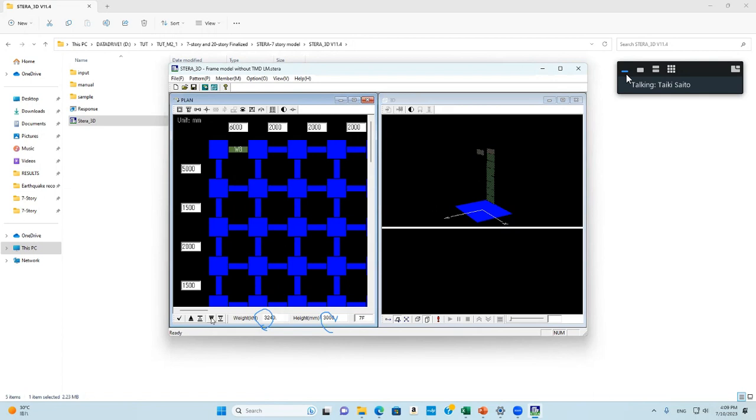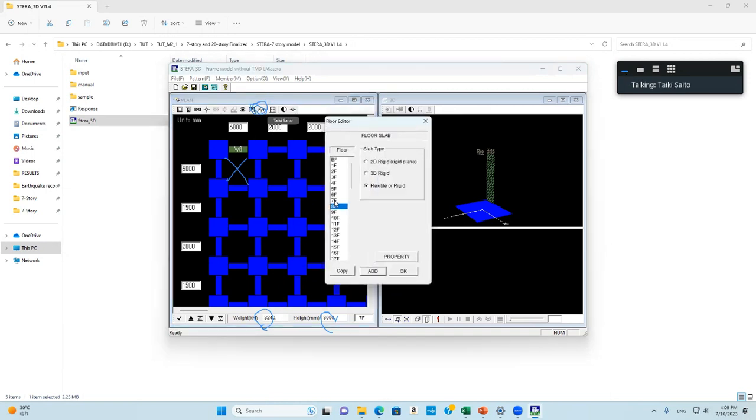Please make a rigid floor here also, and the seventh floor also. Not 3D, maybe. Maybe it works. Rigid, okay, it works.